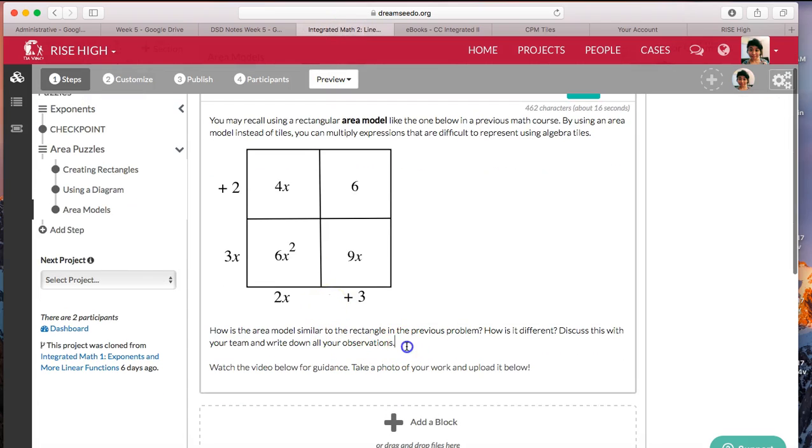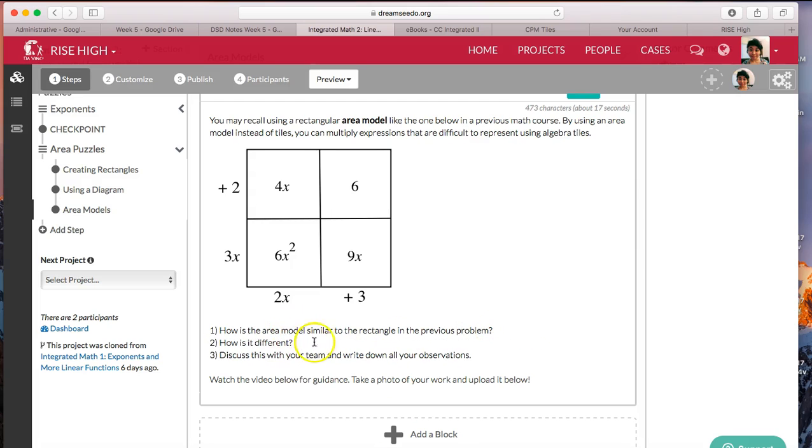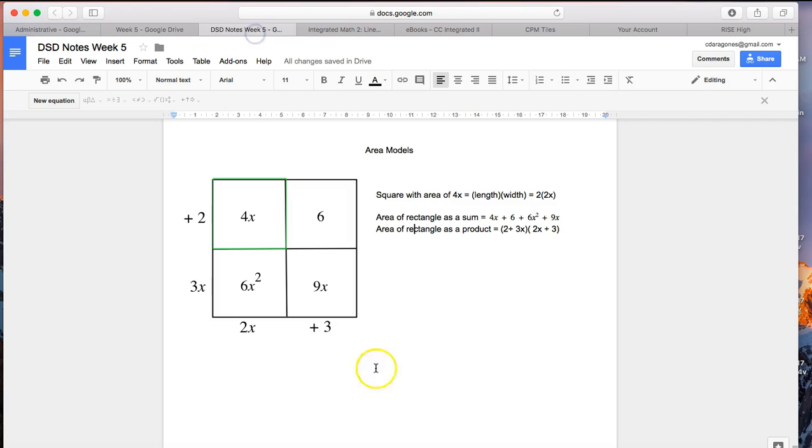So you have a couple of questions to answer. The first one is, how is the area model similar to the rectangle in the previous problem? How is it different? I want you to discuss this with your teammates, or think about it by yourself and write down all of your observations.